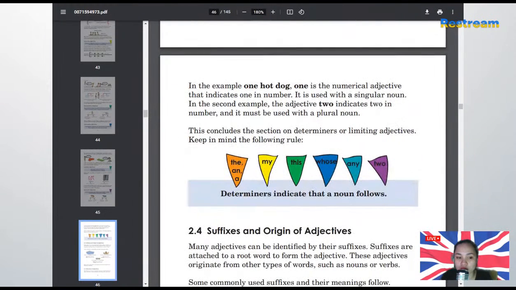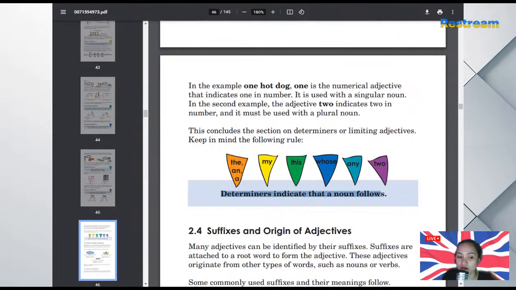For the next one, this concludes the section on determiners or limiting adjectives. So keep in mind the following rule. We have the, a, my, this, whose, any, and so on. The determiners indicate that a noun follows.